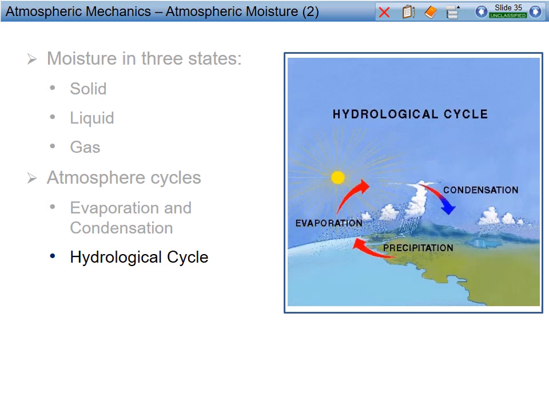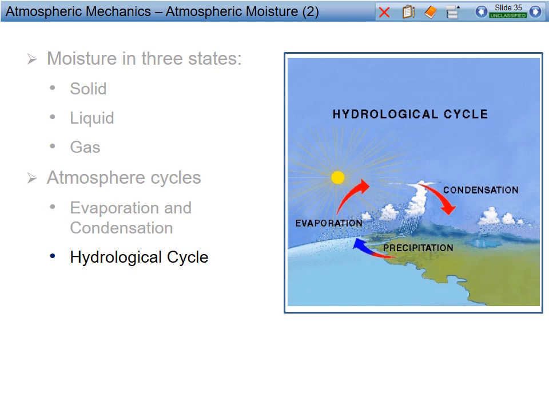This is the depiction of the hydrological cycle as it changes states primarily between a liquid and a gas, but again, it can result in freezing temperatures and creating frozen precipitation and or ice. As the sun heats up, the water begins to evaporate into the form of water vapor.